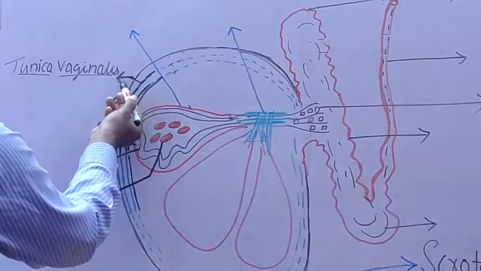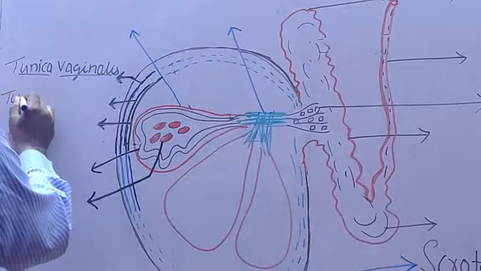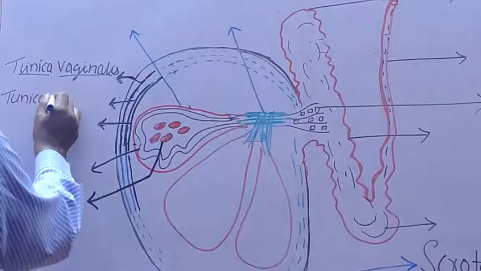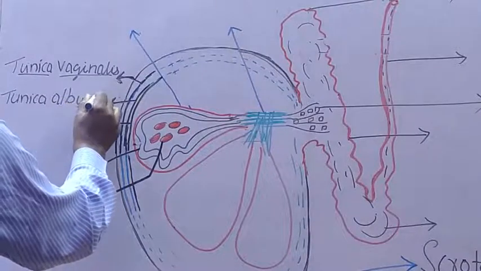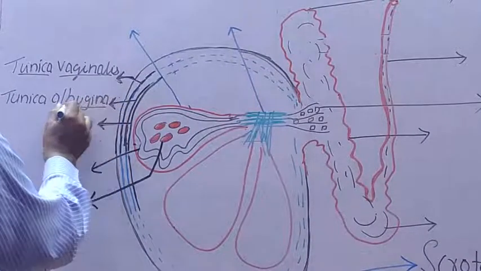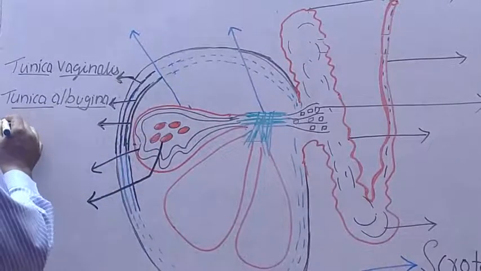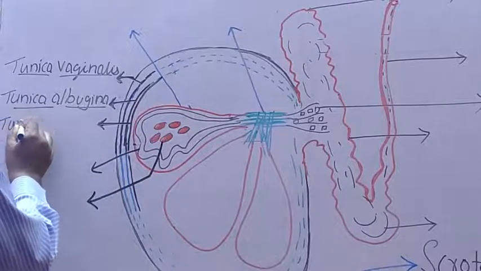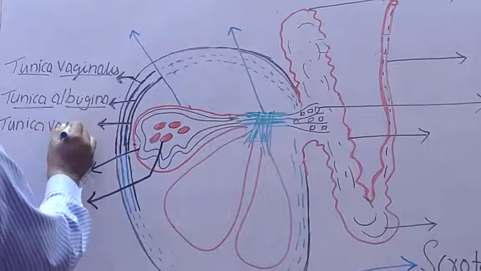Observe carefully the outermost. The second one is tunica albugina. Then the third one is tunica vasculosa.